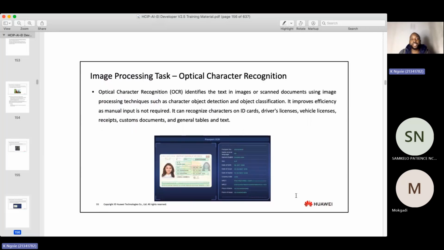So optical character recognition, OCR, will identify the text in images and scanned documents using image processing techniques such as character and object detection and object classification. So this will improve efficiency as manual input is not required. In this case, you don't have to manually input the information, but the AI is going to read by itself. So it's going to recognize the information on it.